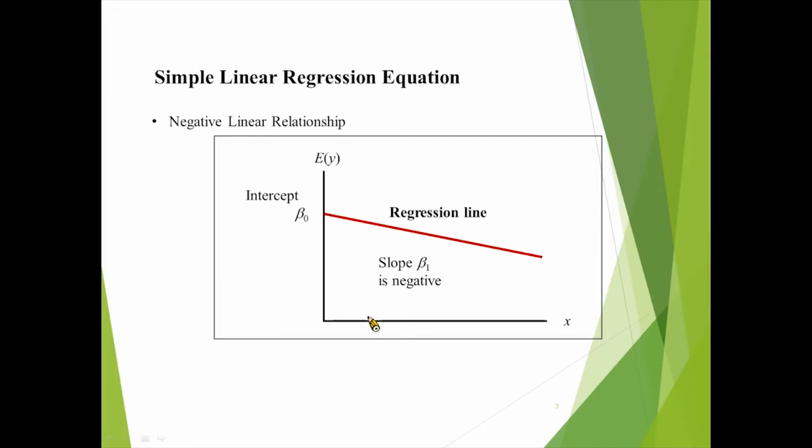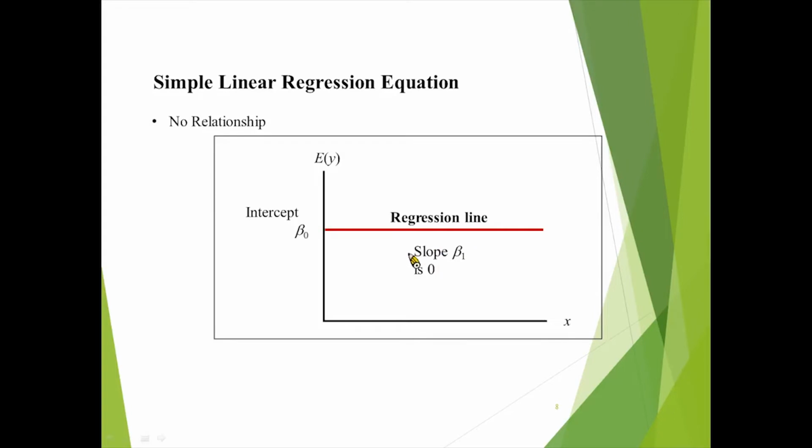The horizontal axis is x, and the vertical axis is E(y). This one has a negative slope, so x and y have a negative relationship. And this one is no relationship, because the slope is 0 for the regression line.